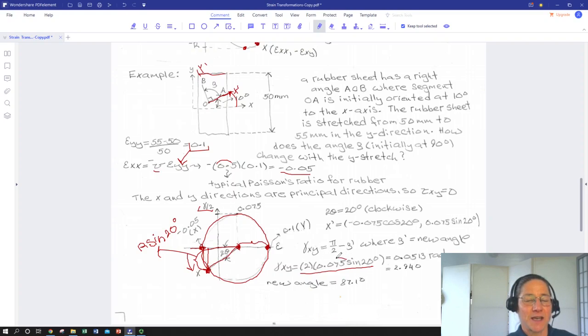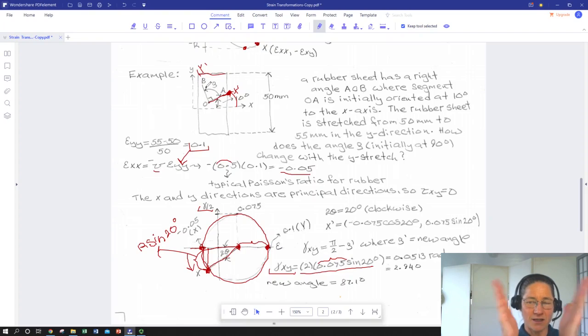So sine 20 times 0.075 times 2 ends up giving me my engineering shear in the xy, which is the same as the rotated coordinate system shear at my x prime direction. So that ends up being 2.94 degrees. So this new angle would be 90 degrees minus that.